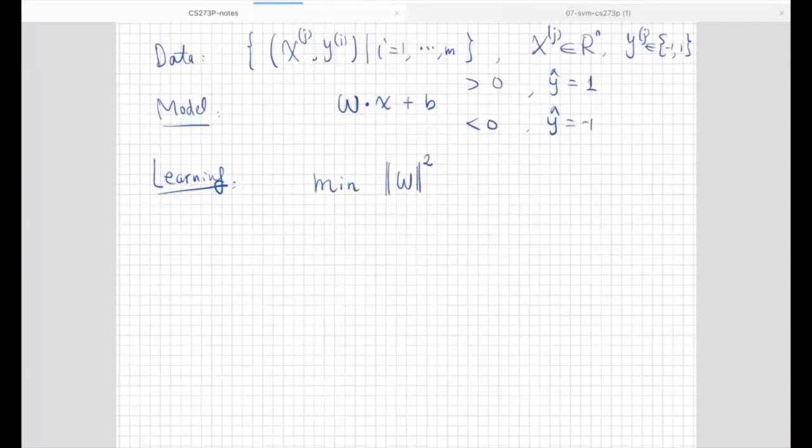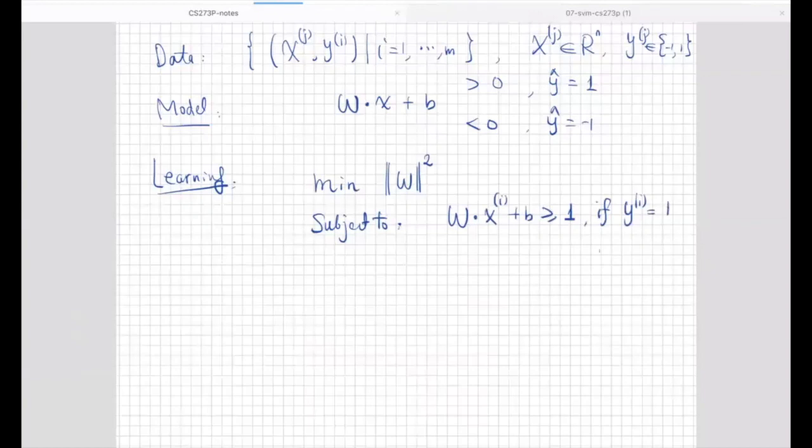However, you have several constraints. We have, subject to, a set of constraints, M constraints. The constraint says w dot xi sample plus b ought to be greater than or equal to 1 if your yi is equal to 1, the target label 1 here.